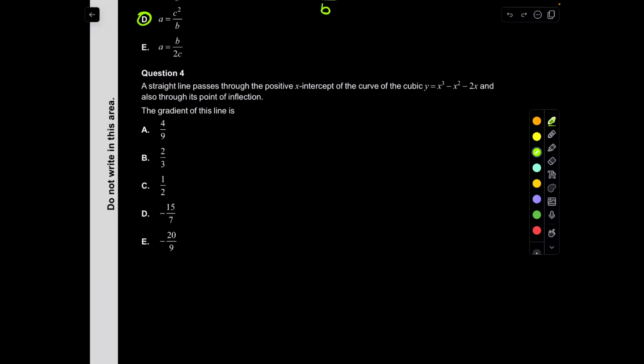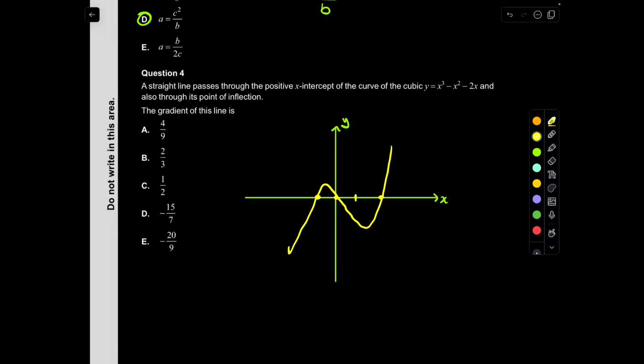I'm just going to put all this information on my iPad. Let's have a graph of the function that we've seen. It's going to look like this. This is your x, this is your y. It passes through -1, and it passes through 2, and also 0. It's going to go like this.